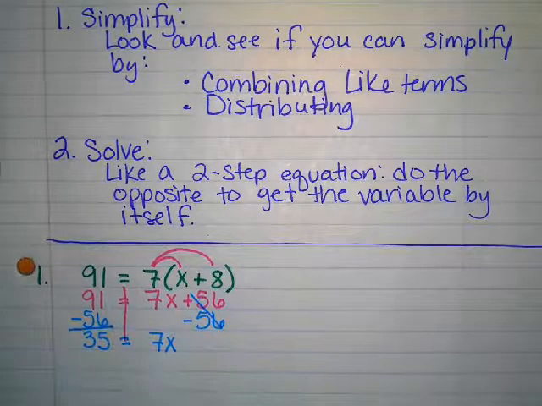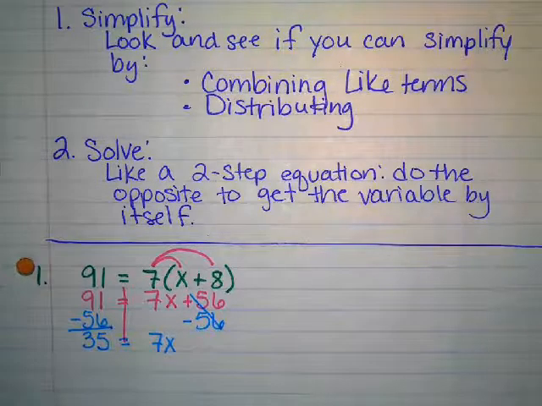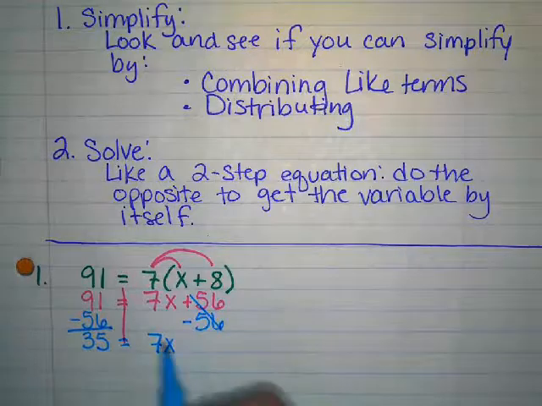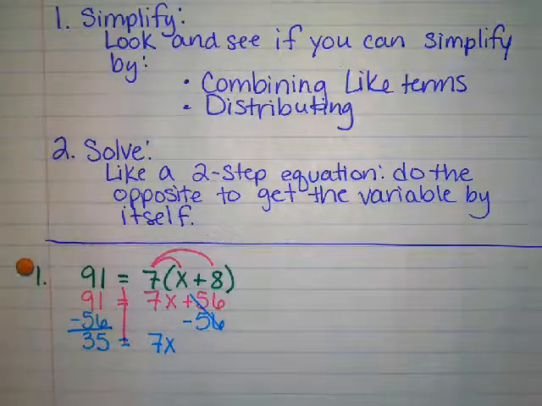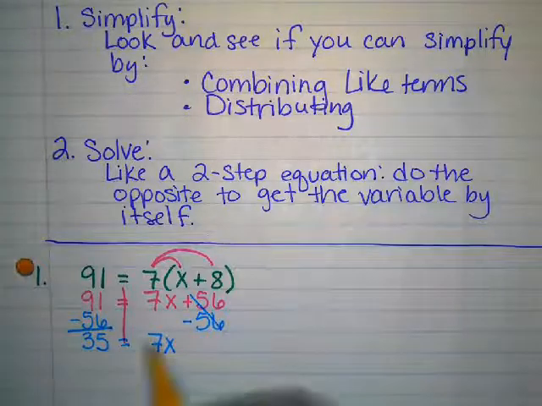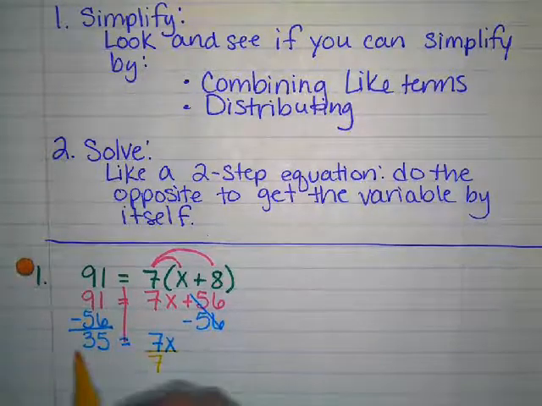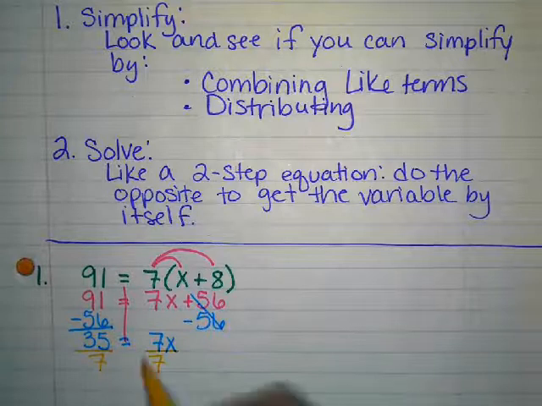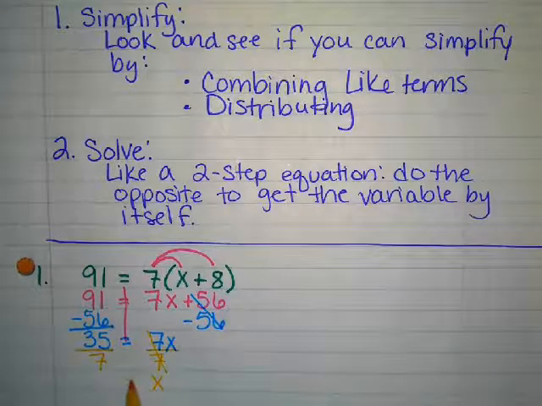You can even put a line there and actually do your subtraction right on your paper. And then I want to get rid of the 7 that's being multiplied by the x. So to do that, I can divide by 7 on both sides. And I get x is equal to 5.